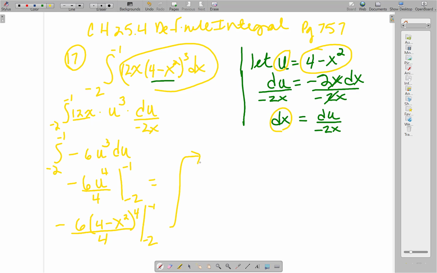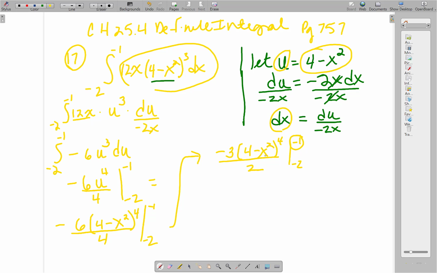If I reduce the -6/4, I get -3 times (4 minus x squared) to the 4th over 2 evaluated from -1 to -2. Always start with the higher value to substitute.